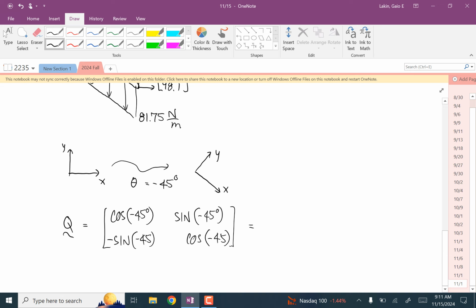Plug those in and you get 0.7071, negative 0.7071, positive 0.7071, positive 0.7071.